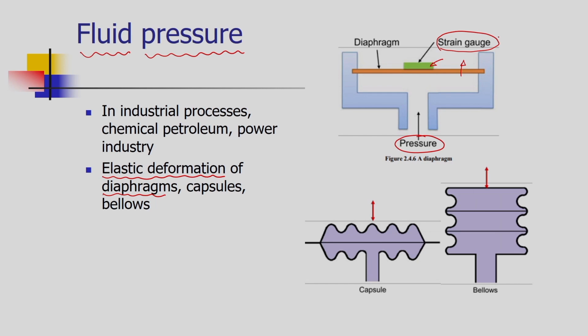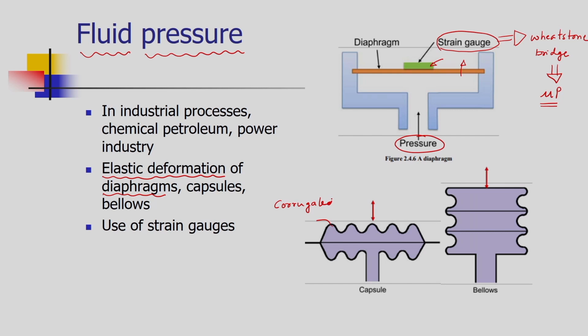As we have seen, the strain gauges can be further connected with a Wheatstone bridge, which generates the required signals. When we are using two different diaphragms of corrugated nature, so here we can consider this is a corrugated diaphragm.